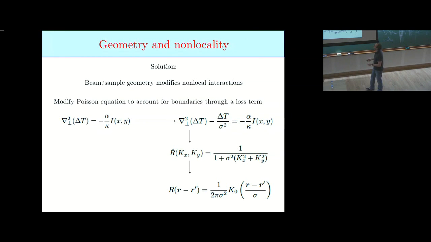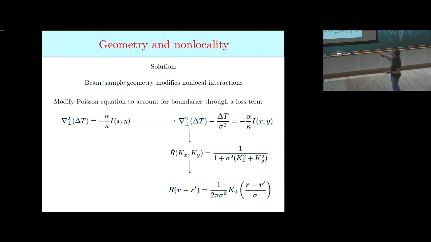Okay? So this effectively accounts for the fact that although this equation does not see any physical boundaries, it sees a loss of heat, uniformly distributed across the whole sample. You use this to mimic the fact that you have heat loss going out through the boundaries.